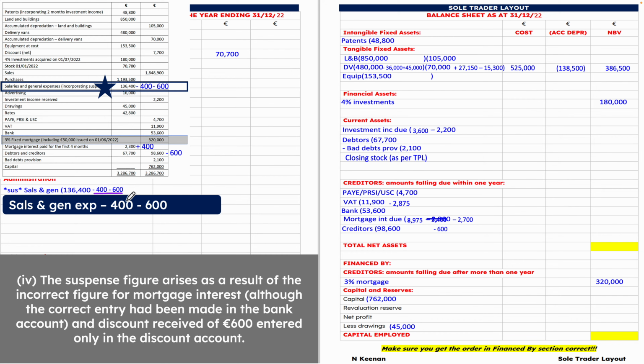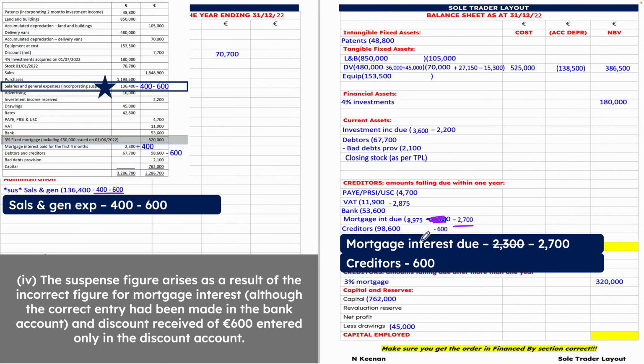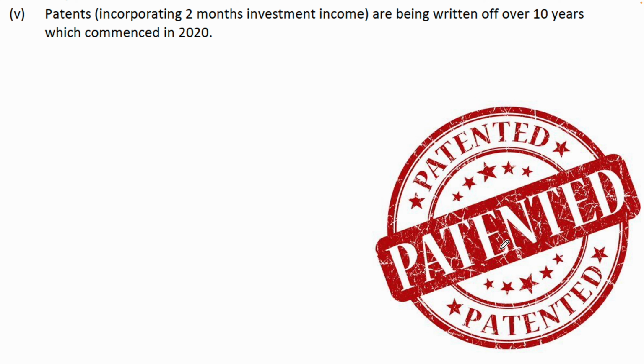I'm going to minus 400, minus 600, and then my mortgage interest, I'm going to just cross it out here and I'm going to minus 2,700. And then my creditors, I'm going to minus 600. Okay, so you should have minus 15,375 there as well. I don't know why it's not there yet. That should be there as well. So minus 600 here. And that is your suspense adjustment completely done.